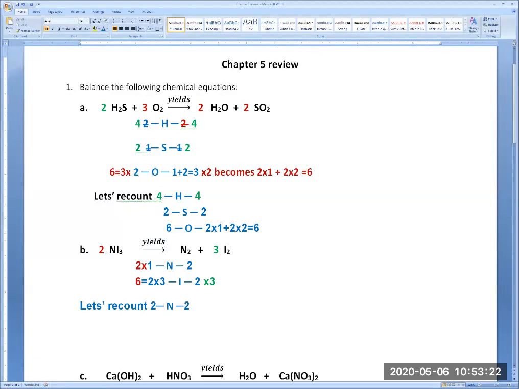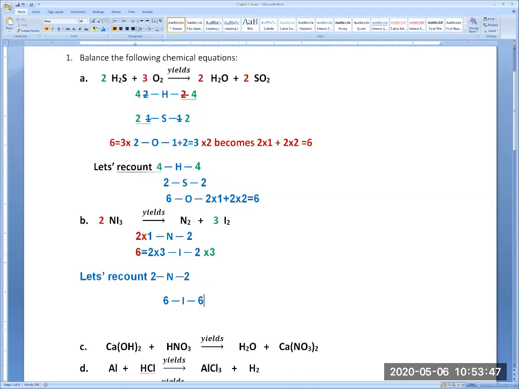And iodine, we have 2 times 3, 6 on the left, and here 3 times 2, 6 on the right. So it is balanced. Always verify after you have finished adding your coefficients to make sure it is balanced.